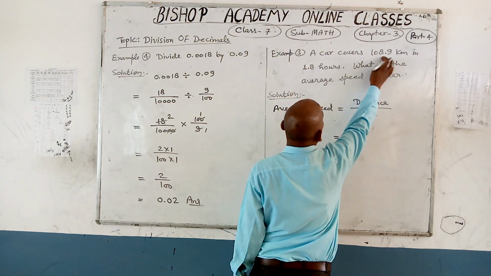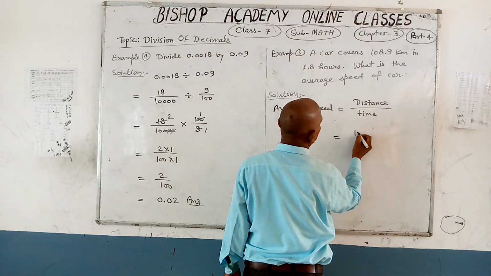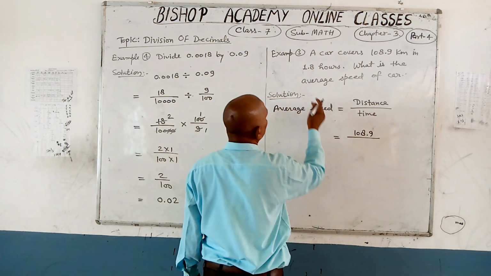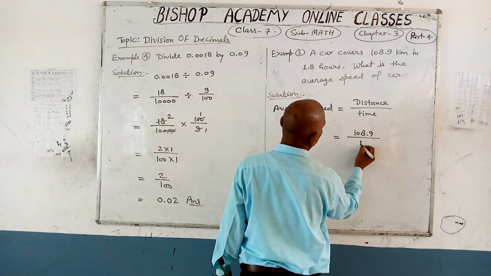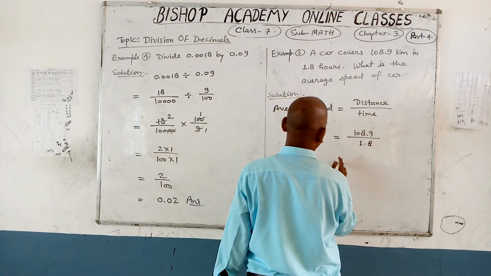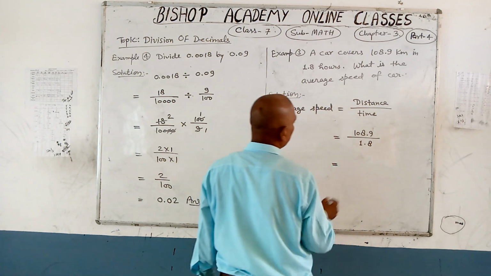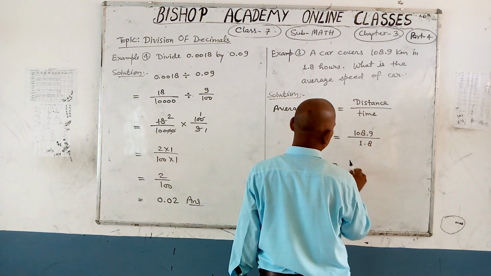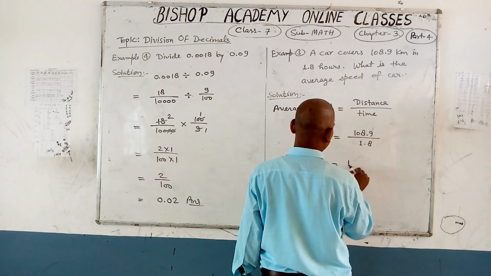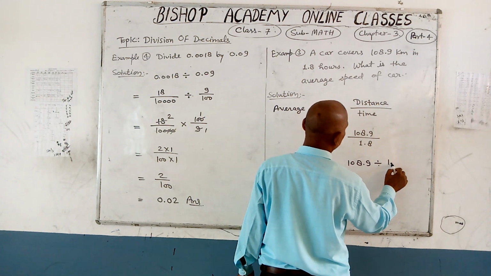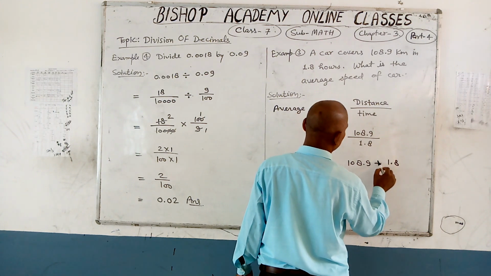Put 108.9 in the place of distance, and the time taken is 1.8 hours. To divide this, you can convert this into a decimal fact. 108.9 divided by 1.8.